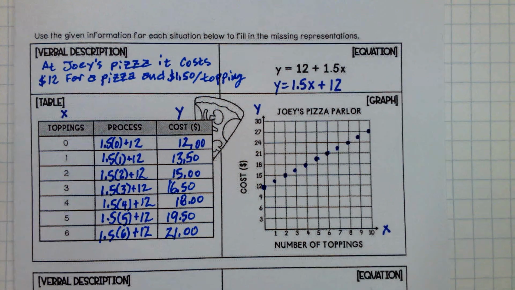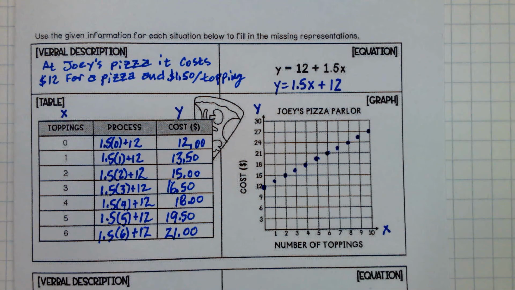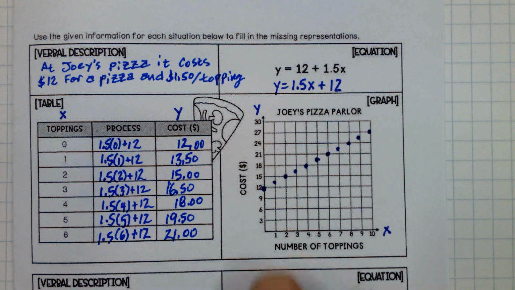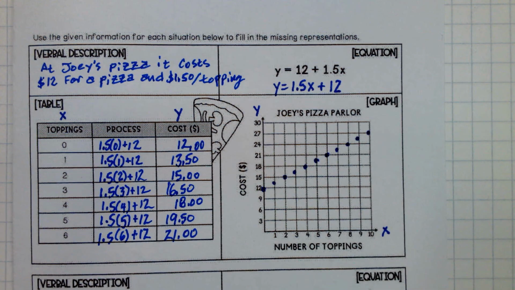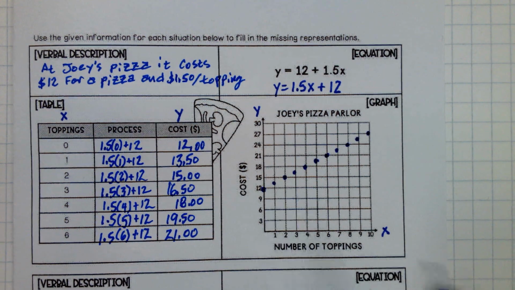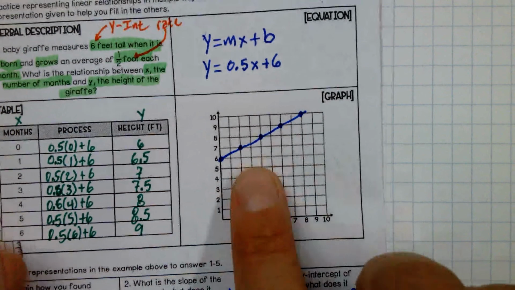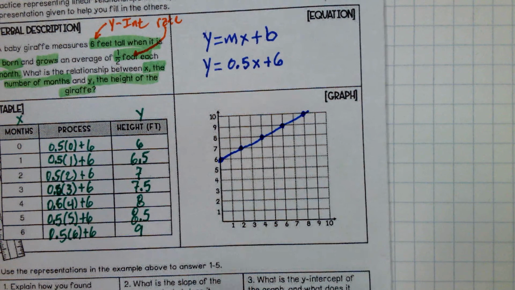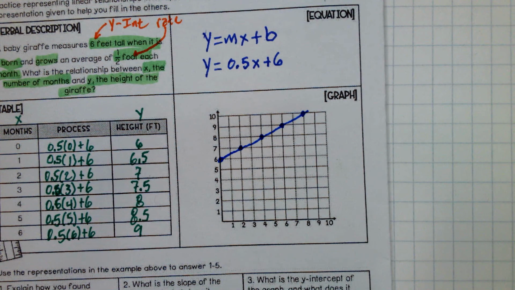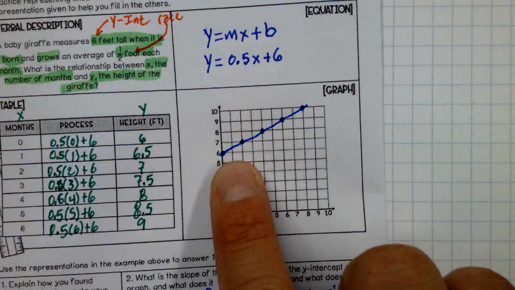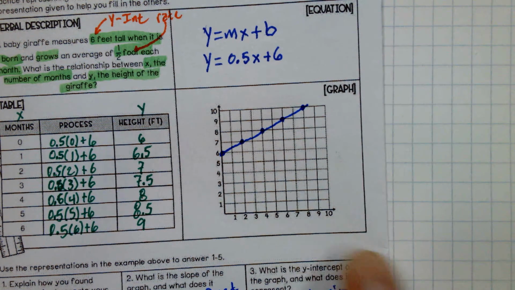Like so. Now, do we connect the points in between? Do we connect the points, do you think? Well, let's see what that means. It made sense to connect the points on the previous one because it's what we call a continuous graph. When you're growing, you measure it, right? You measure the growth.